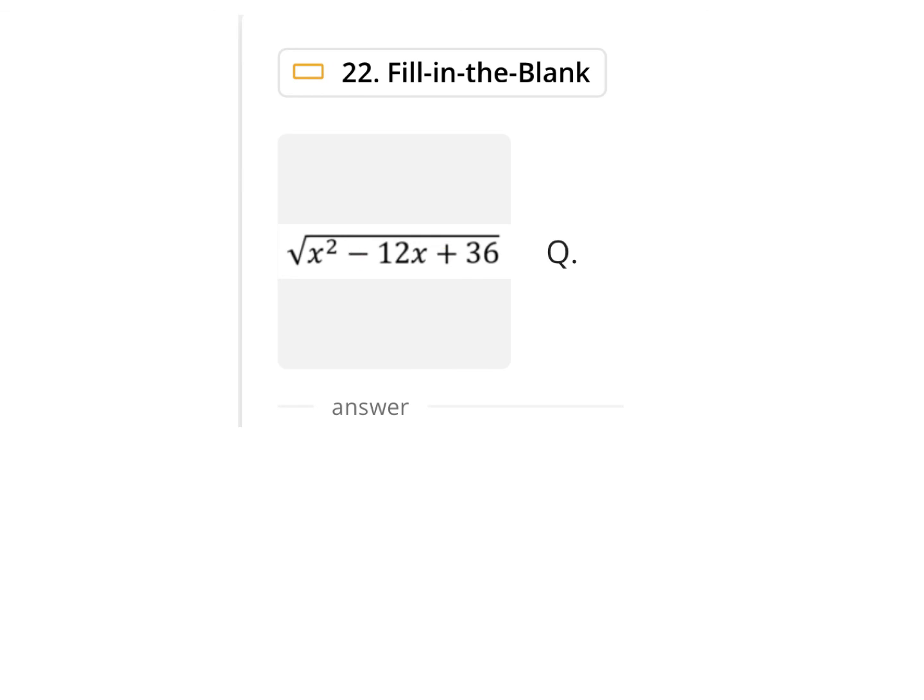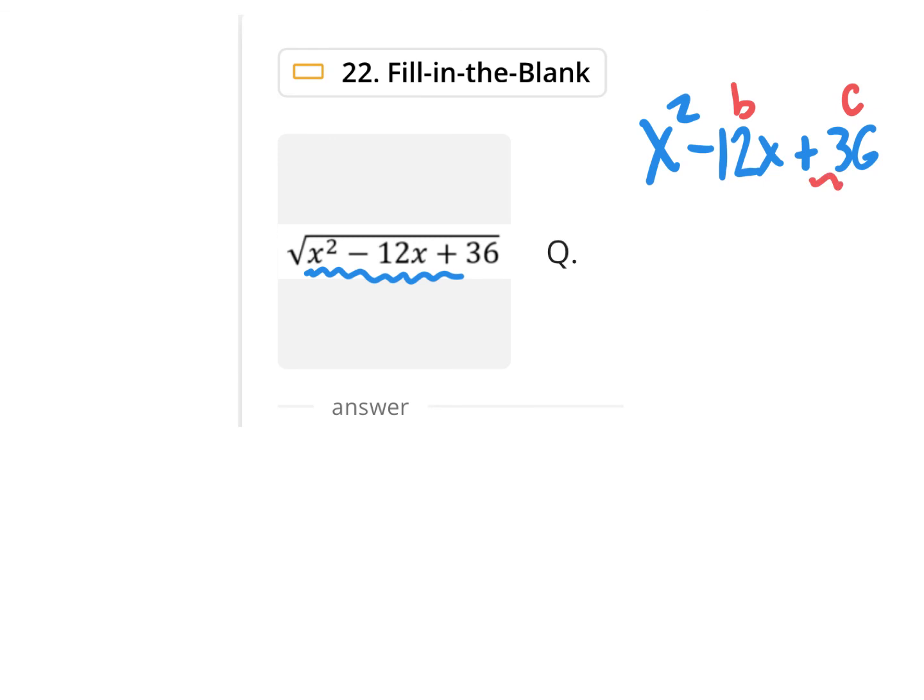So what we're going to do is dig deep into our memory. In factoring, we're able to see a quadratic trinomial. The a value is 1, b value is negative 12, c value is 36. And we will be able to factor this quadratic trinomial, right? If I rewrite it and I start thinking what times what is c, that if I combine together is b, I will notice that this is an actual perfect square quadratic trinomial, right?